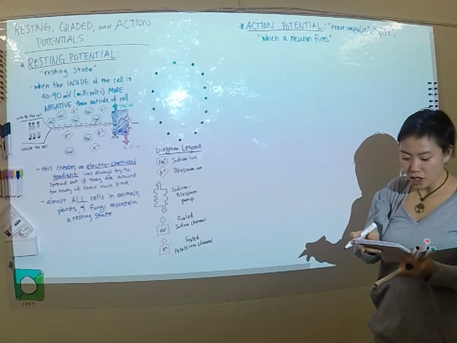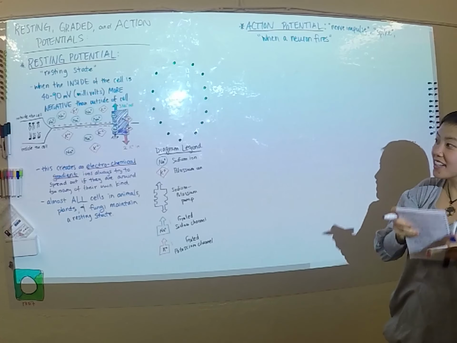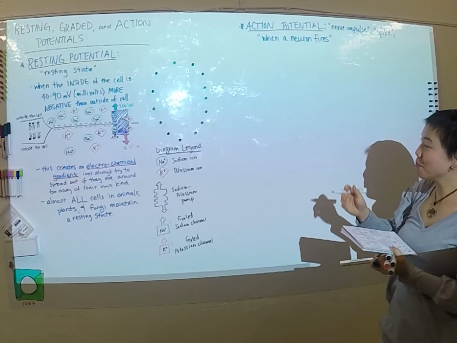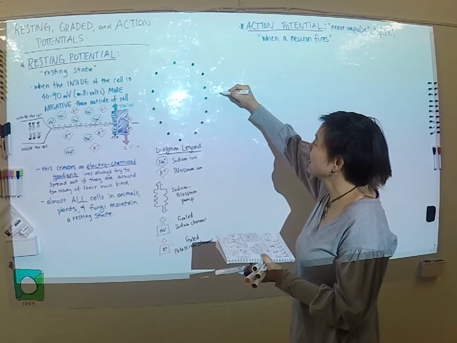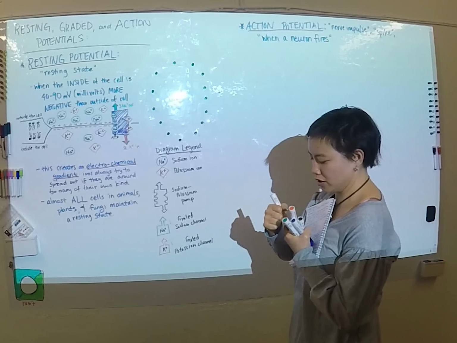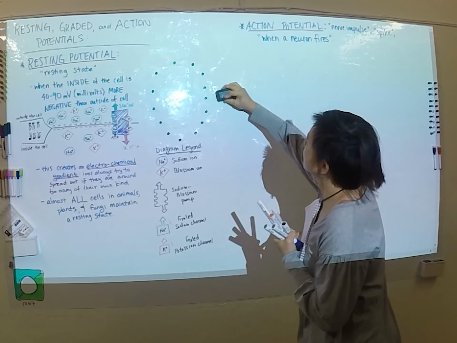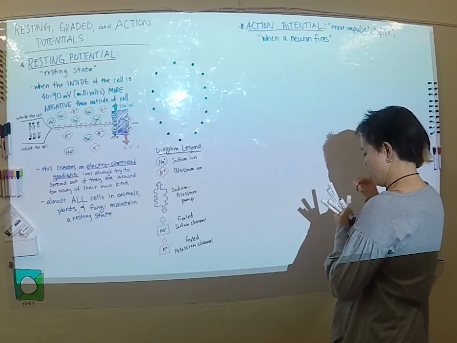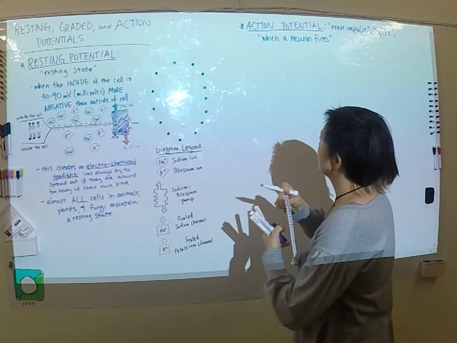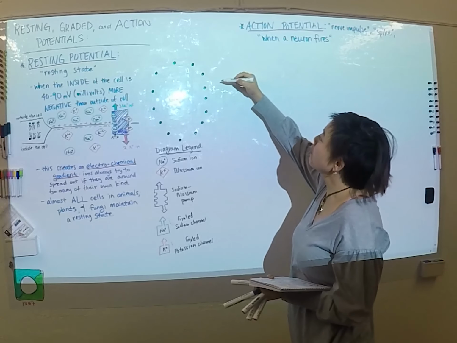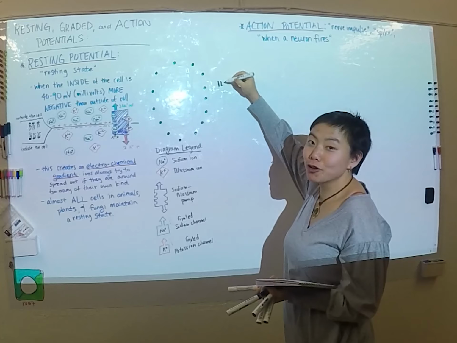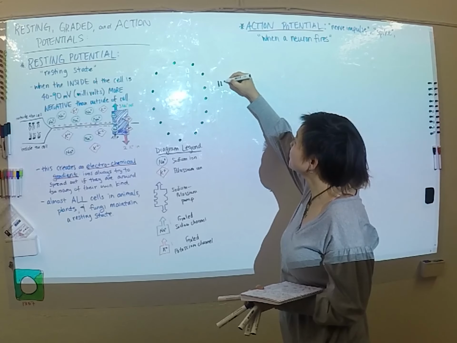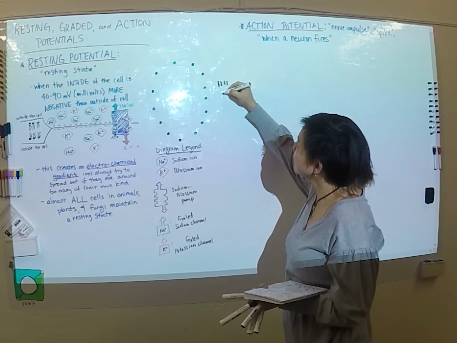All right, so what does this look like at the membrane? Let's make ourselves a nice big diagram. Once again, we have our cell membrane, the phospholipid bilayer.